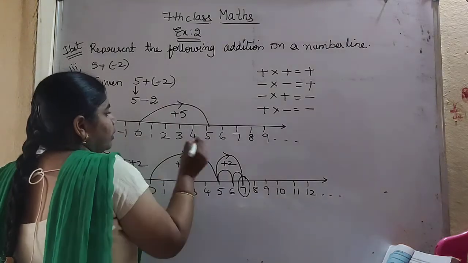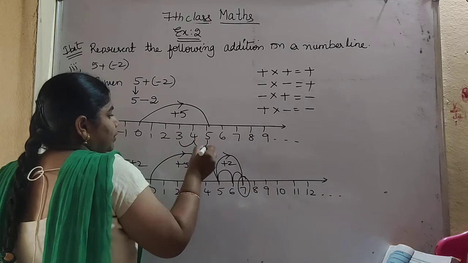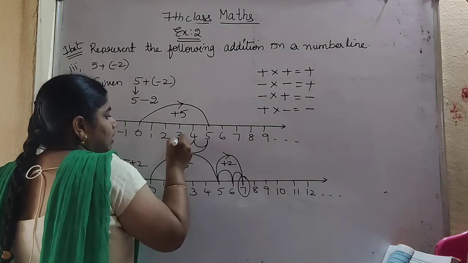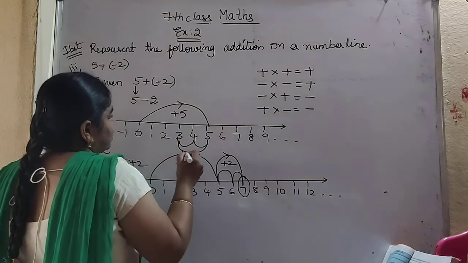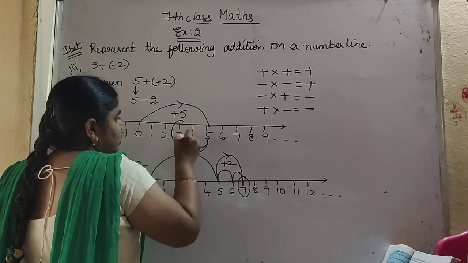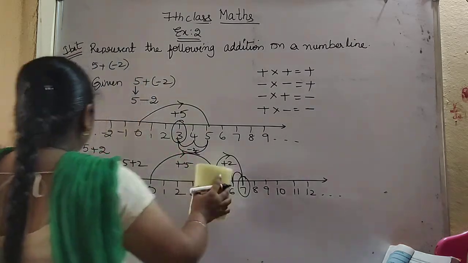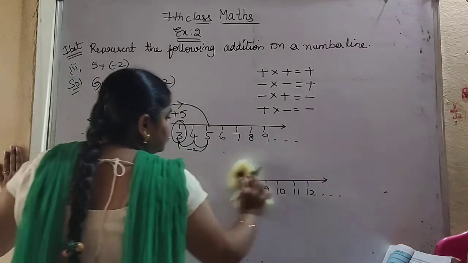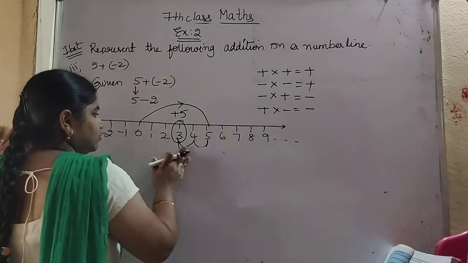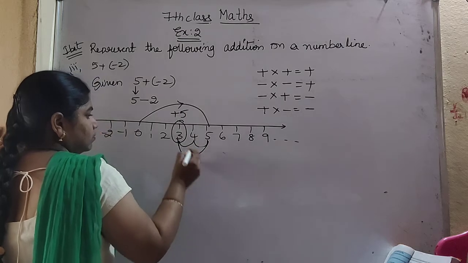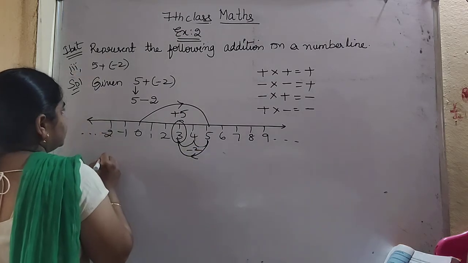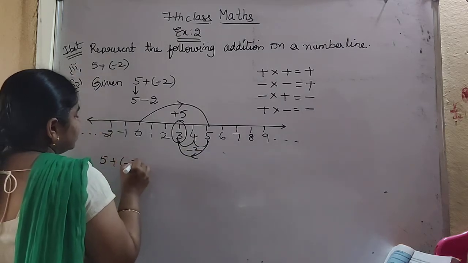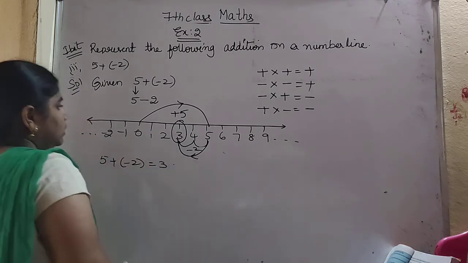How many times? 2 times, that is 1, 2. So what is our result? The result is 3. So we are moving to the left side. This is minus 2, the result is 3 here. So we can write this: 5 plus of minus 2 will be equal to 3.